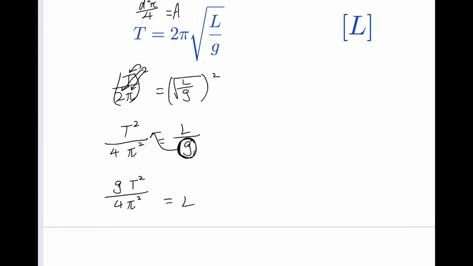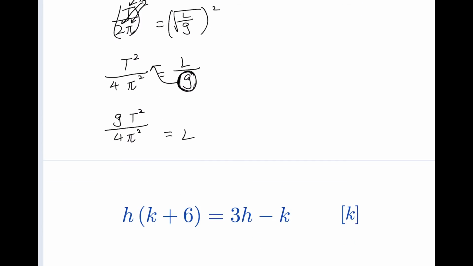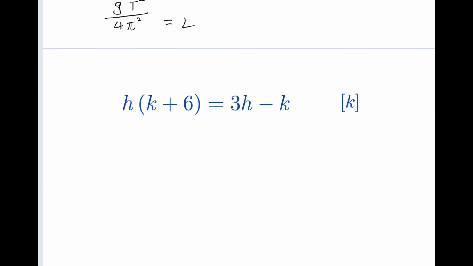So try to digest it first, and then we can continue. Here, in this question, what you do first is remove the bracket, because we have k on both sides and it's in the bracket, so do that first. Like expanding, hk plus 6h equals 3h minus k, and then the next step is put all the k's on one side and then the rest of the things on the other side.